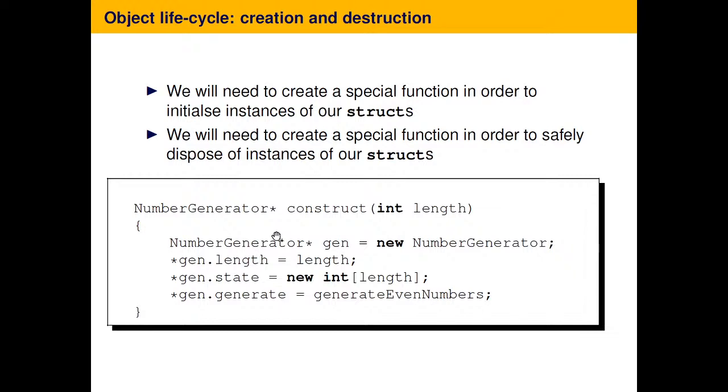So you'll see it's a bit awkward to assemble. Let's say we're making a function that's going to build an instance of this number generator structure. We'll call it construct. And we'll see that in proper object-oriented programming using C++, there is a type of function called the constructor whose job is exactly this, to initialize and allocate the memory for your instances of the structure.